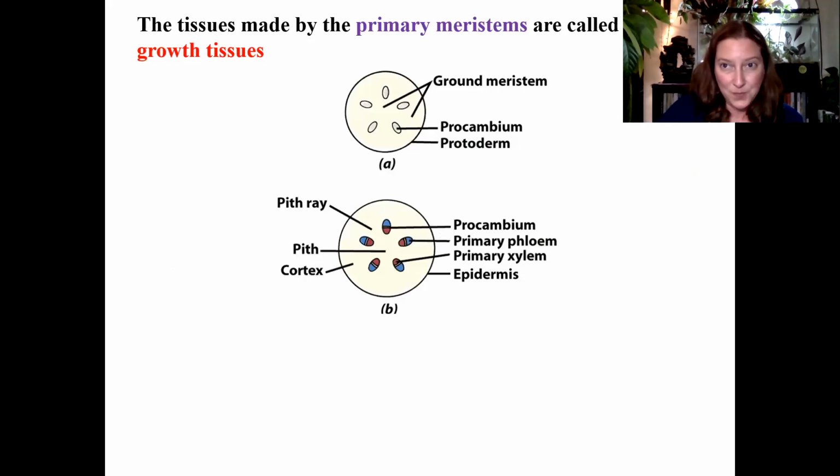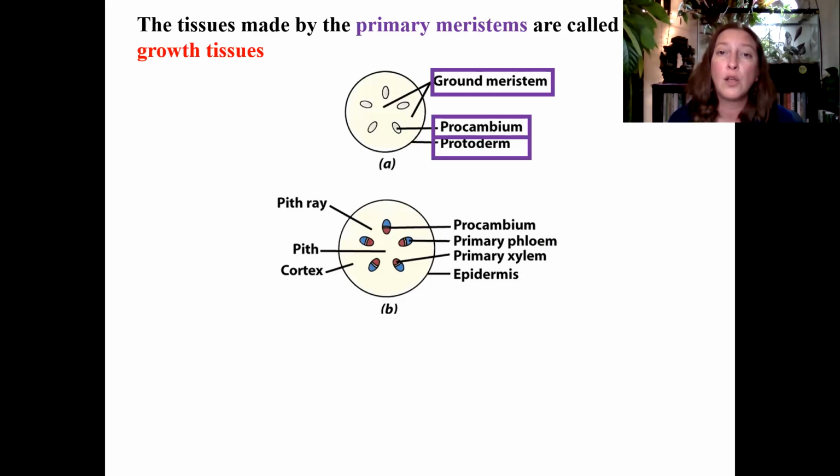Alrighty, so we've already learned that you have an apical meristem at the tip, and the apical meristem makes 3 primary meristems, right? There they are in purple: ground meristem, procambium, and protoderm.